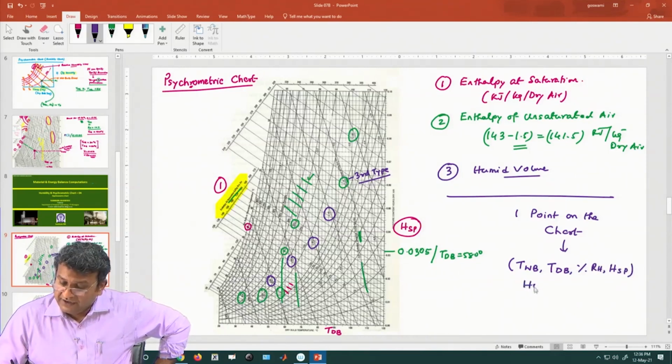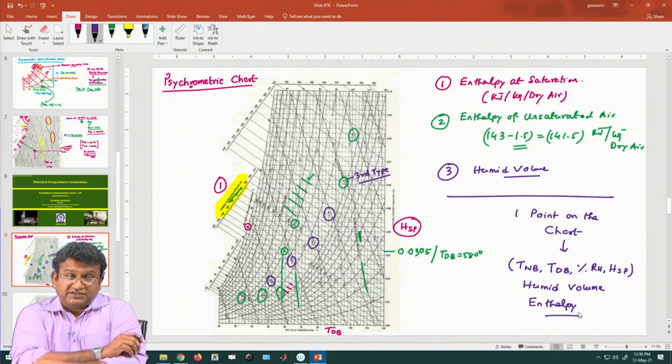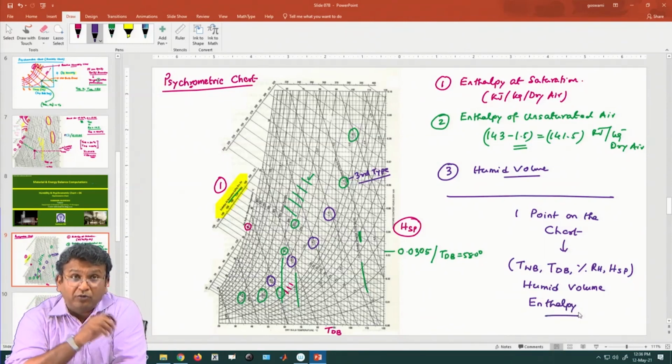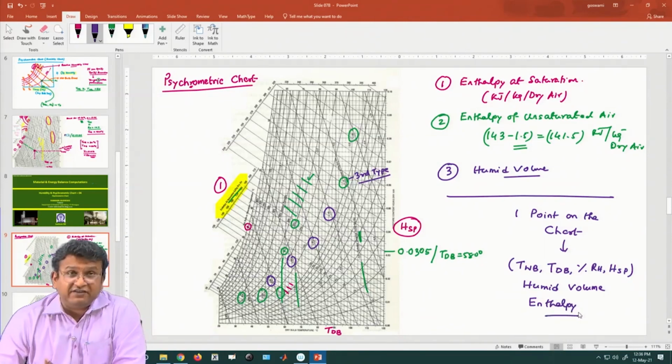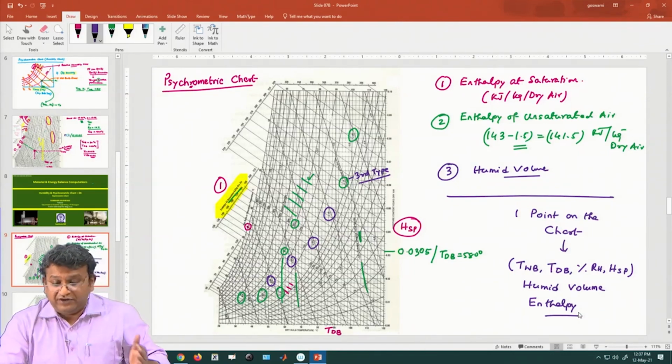Then you also get humid volume and the enthalpy, right. So, these 6 terms, so just look at one point and you get 4 more. So, you can essentially have a combination of any 2 to locate a point on the psychrometric chart, and then the remaining 4 you can straight away find out.